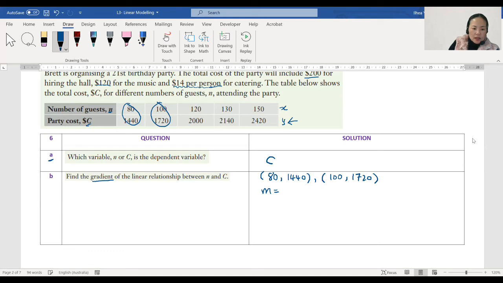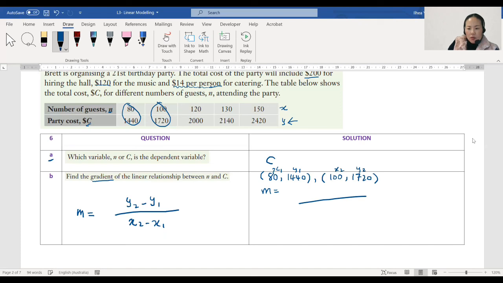So let's have a look at the formula that we learned. It was a change in y, so that'd be y2 minus y1, and change in x, x2 minus x1. So what am I going to do here? That's my x1, that's my y1, that's my x2, that's my y2.